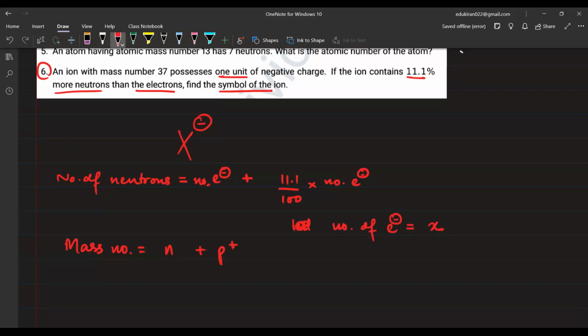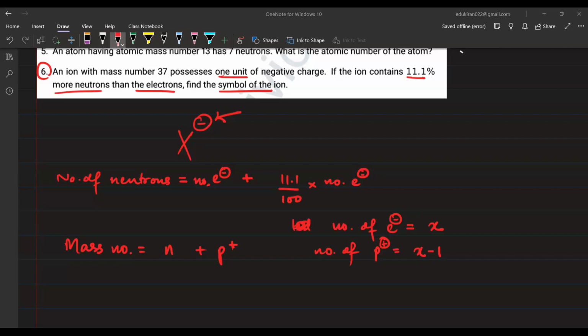In the ion, number of electrons is equal to X. And since we have an ion, the number of protons will be equal to X minus 1, because the ion will have 1 extra electron. In a neutral atom, what do we have? Number of protons is equal to number of electrons. But since we have added an electron, the number of protons will be 1 less than the number of electrons. You got this? Yes, sir. Got it.